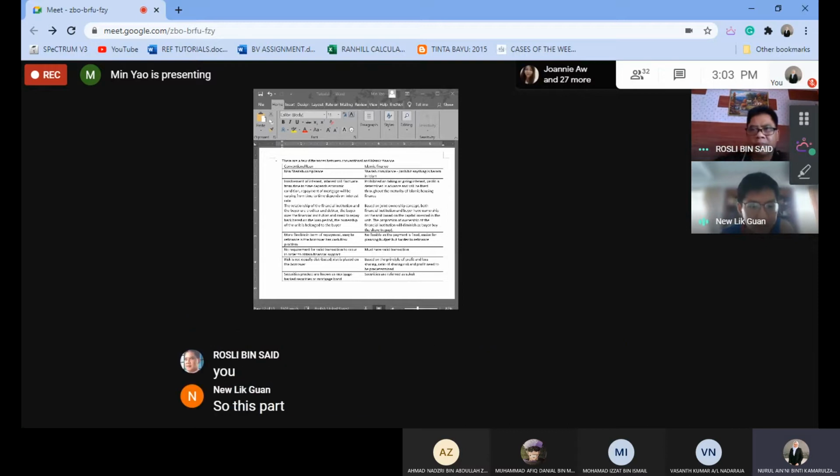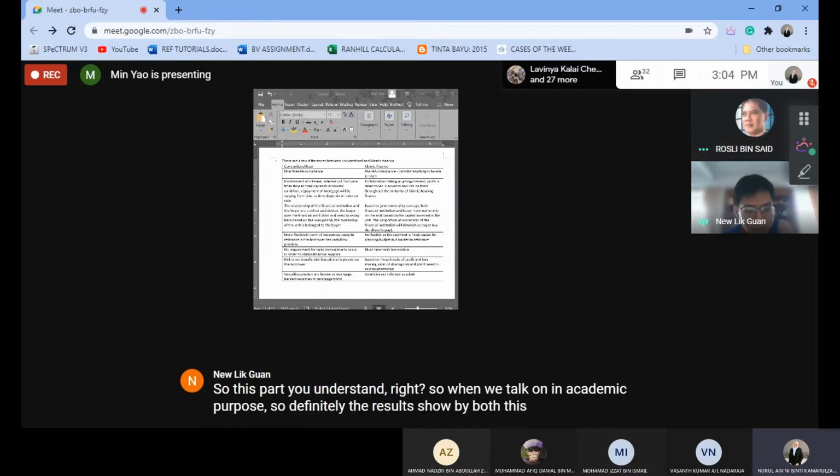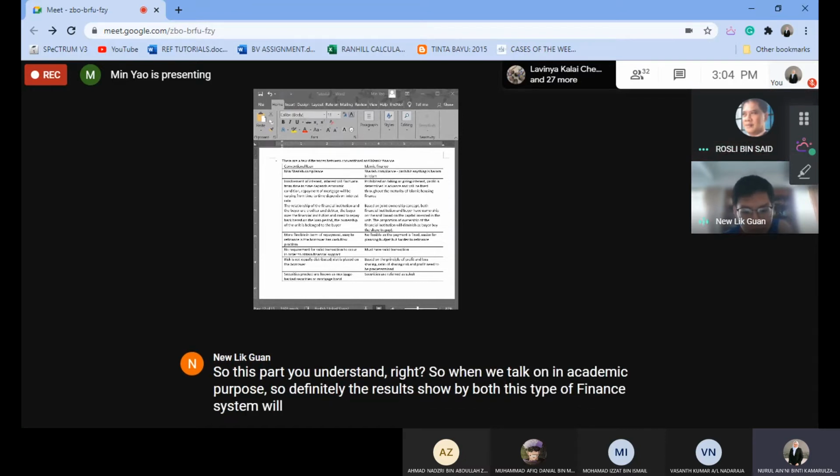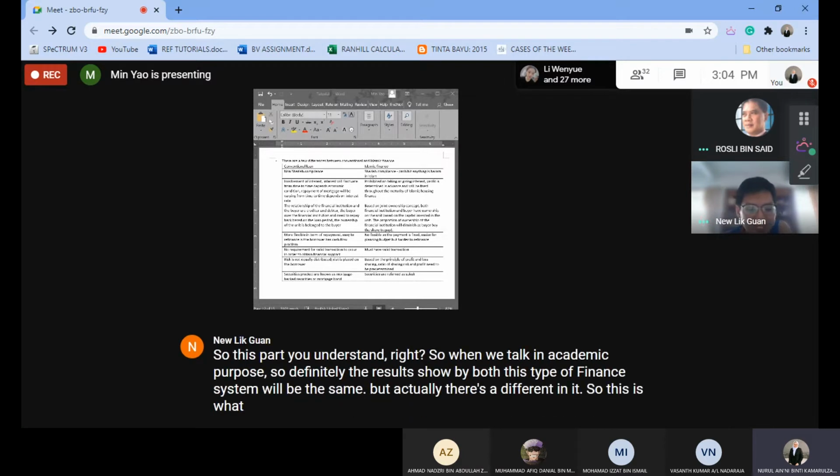So this part you understand, right? So when we talk in academic terms, definitely the results shown by both types of finance systems will be the same, but actually there's a difference in it. So this is what the doctor asked about. But I'm not sure about the difference.